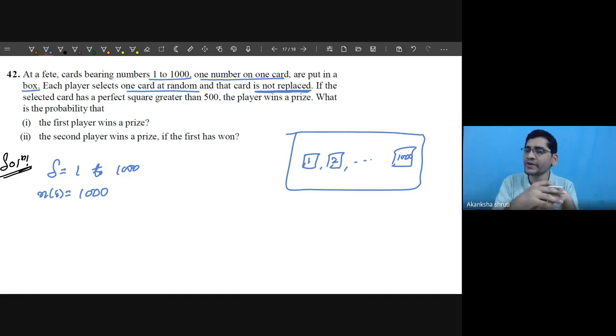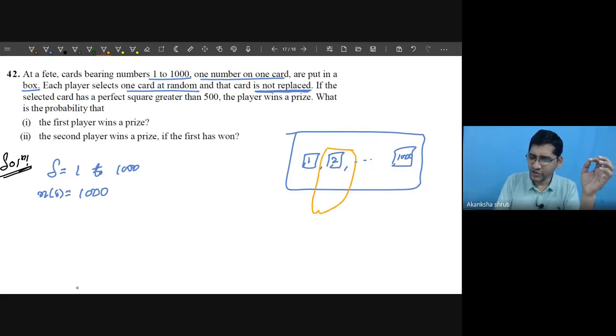That is not going to be placed again. It is equivalent to removing a certain number of cards from the deck. Say the first player gets card number 2. Randomly he has drawn this card, so card number 2 will be removed.